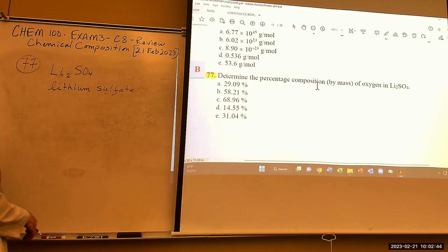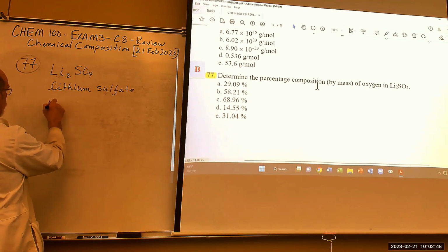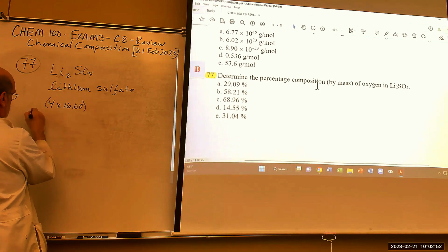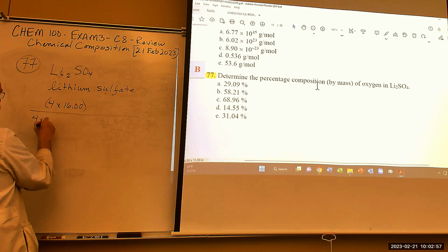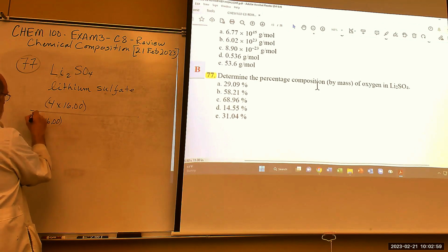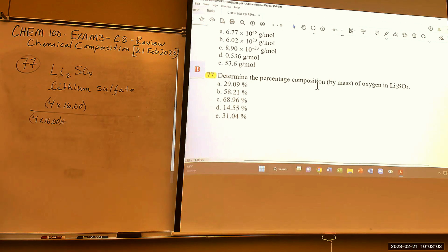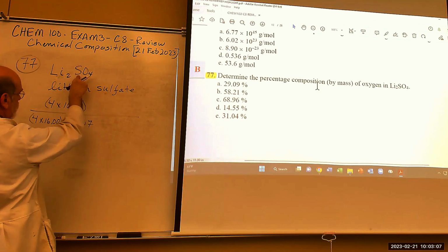What's the percentage composition of oxygen? So what we need is 4 times 16 in the numerator. In the denominator, we need 4 times 16. And then we need to add sulfur to it. 1 sulfur, 32.07. Right, 1 sulfur.